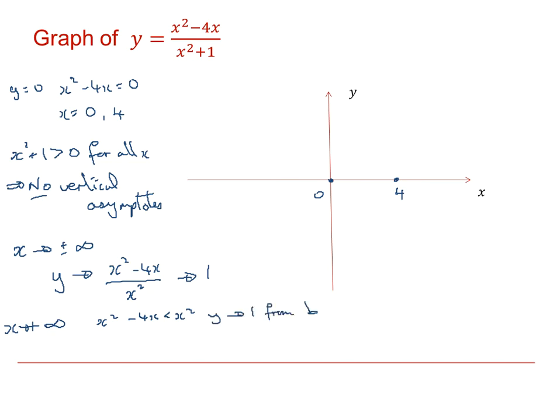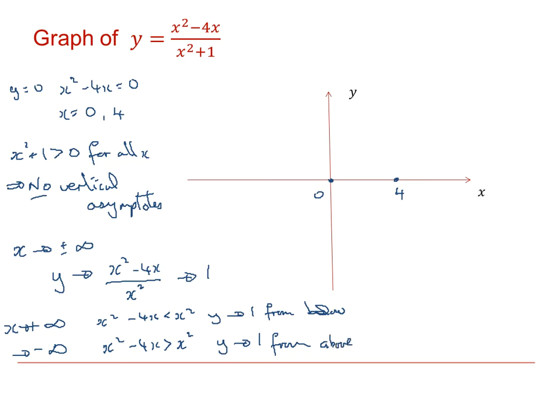It's always less than 1. And if we consider negative infinity, then we can see that x squared minus 4x is always bigger than x squared. So therefore y approaches 1 from above.